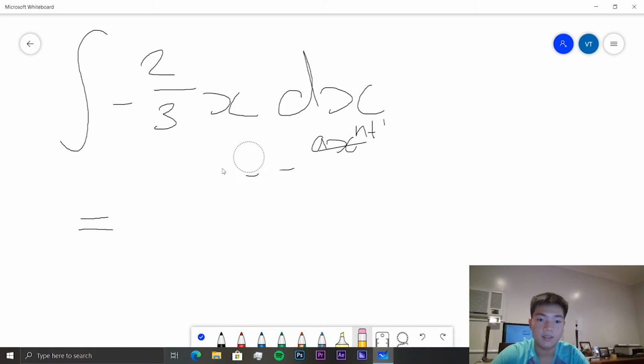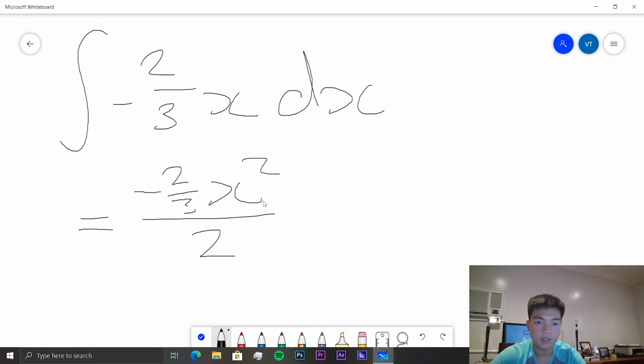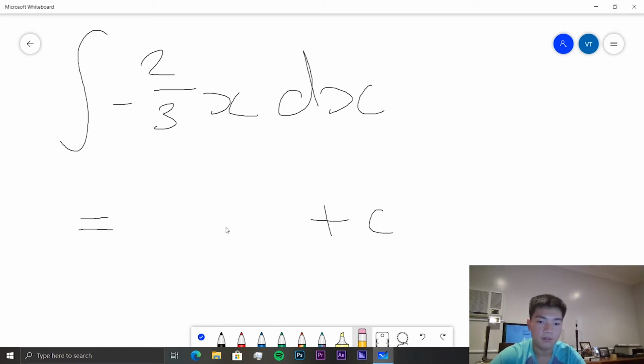So in this case, our coefficient a is equal to negative 2/3. And so this will be equal to negative 2/3 x squared all over n plus 1, which is 2, plus c. Since we're dividing by 2, we simply get negative x squared over 3 plus c. So that is how you integrate a function.